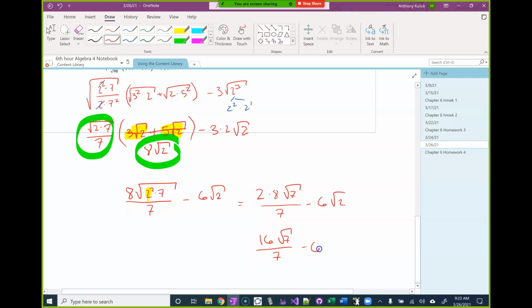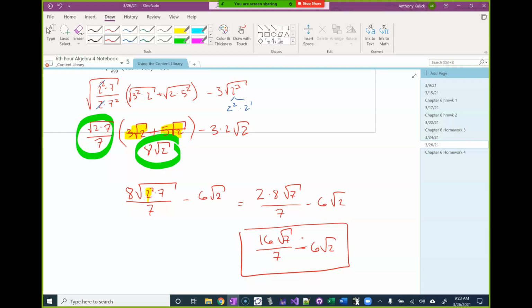And I think that's really as good as we can get. Notice that the radicals and the 2 things that are left are not like radicals, so I can't do the subtraction. So, I mean, you could make a common denominator, I guess, if you wanted to. Wouldn't be wrong.